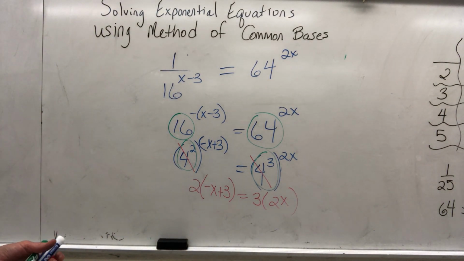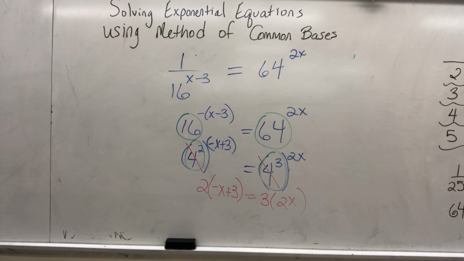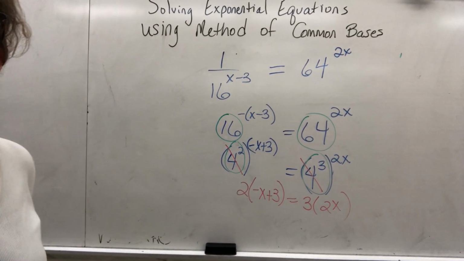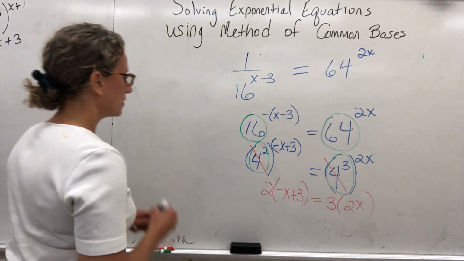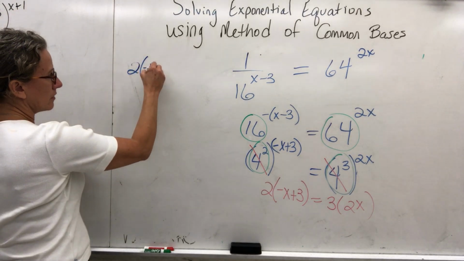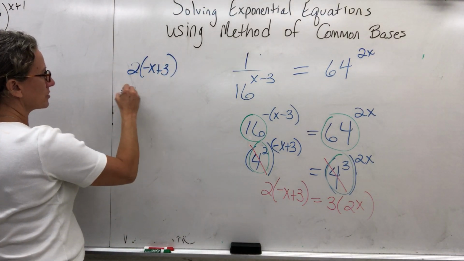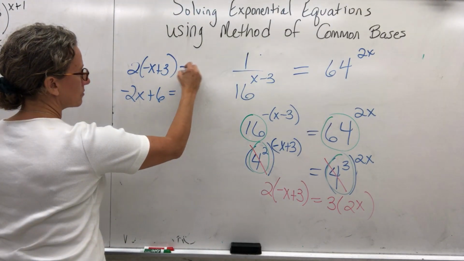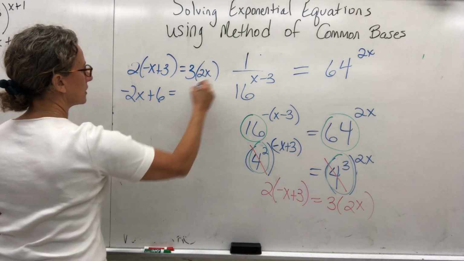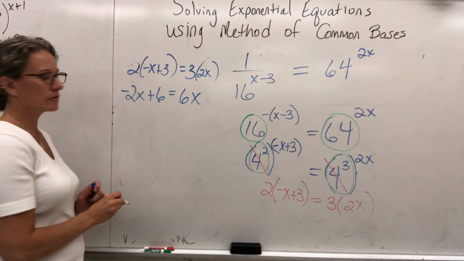So 2 times negative x plus 3 equals 3 times 2x, and we're going to finish up and solve that equation. So 2 times negative x plus 3 becomes negative 2x plus 6. 3 times 2x becomes 6x.